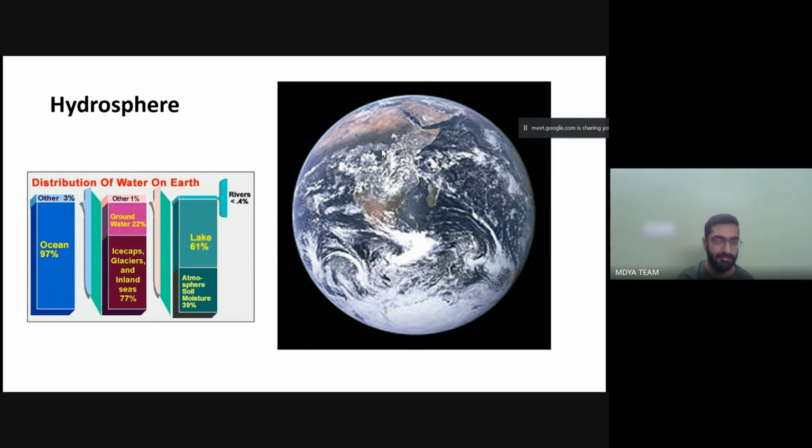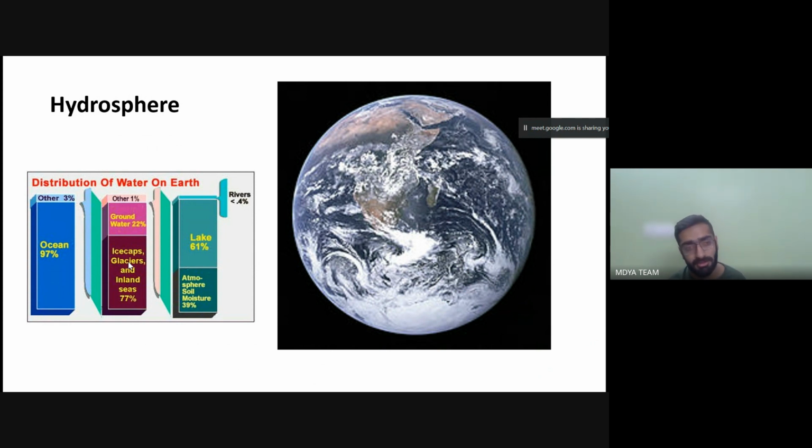The remaining 3% forms a subset: 77% of that 3% consists of ice caps, glaciers, and inland seas, and 22% of that 3% consists of groundwater. So this is how the water is distributed on Earth.